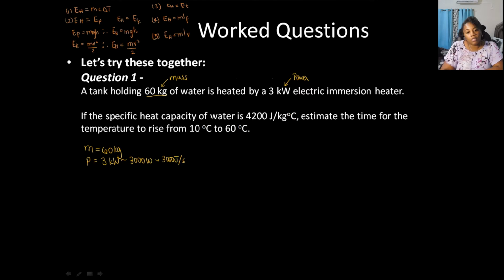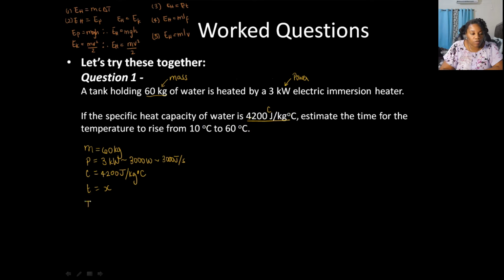If the specific heat capacity of water is 4200 joules per kilogram degrees Celsius, estimate the time for the temperature. So that's what we're looking for. So we have this, which is C. Estimate the time for the temperature to rise from 10 to 60.